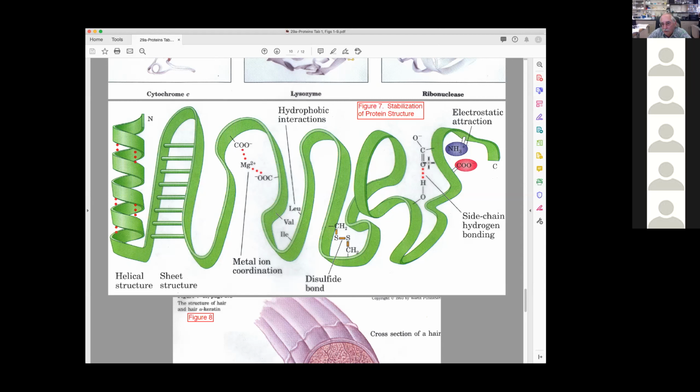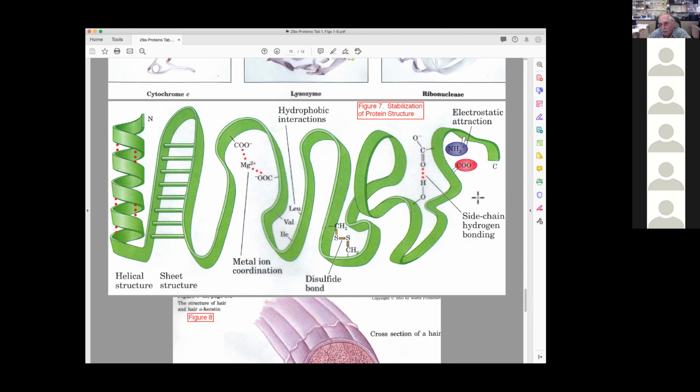And then they're just showing you side chain hydrogen bonding between an alcohol and some carboxylic acid group. And then we also have electrostatic attraction. If this is ionized and that's ionized, that's an attractive force. Okay.